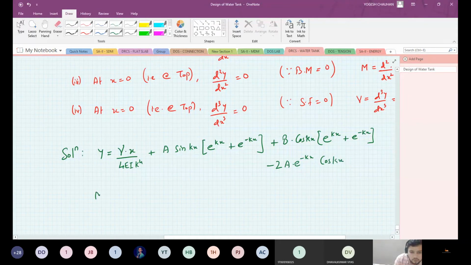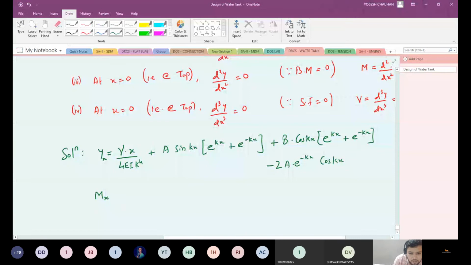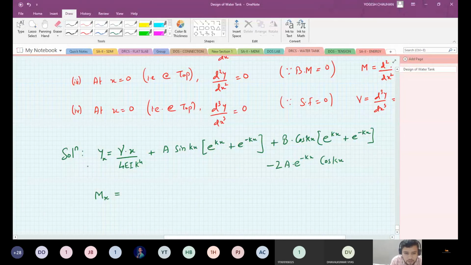And your bending moment at any x, this is the deflection y at any height x, and the moment at any height x is, we know, EI d square y by dx square.